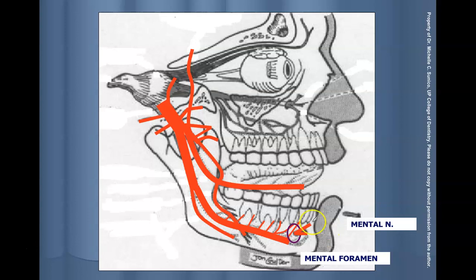And this mental nerve is merely sensory to the lower lip and chin. It doesn't have anything to do with the mandibular premolars. It doesn't innervate the pulps of the mandibular premolars. It merely is sensory to the lower lip and chin.